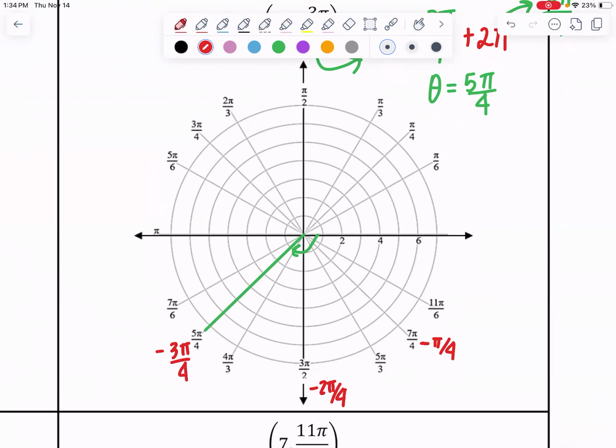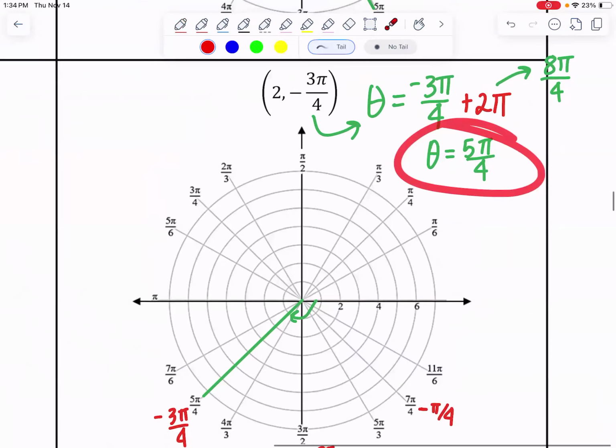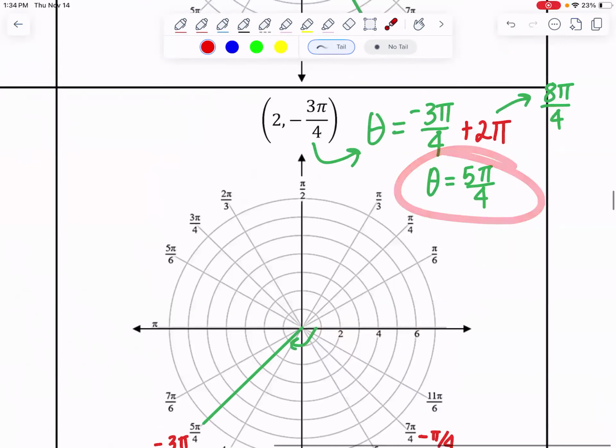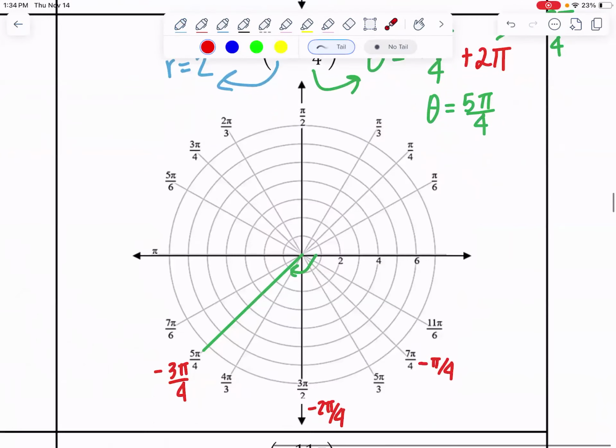So indeed, this is what you would get to with -3 pi over 4, but sometimes it's easier when you have a positive angle, right? Our R value is +2, so we'll go out 2 units on the terminal side. So 1, 2, right here. This is going to be the point 2, comma, -3 pi over 4.